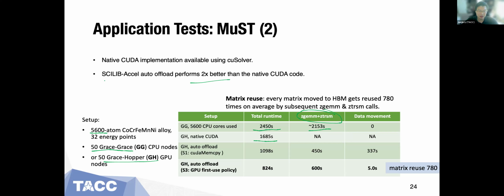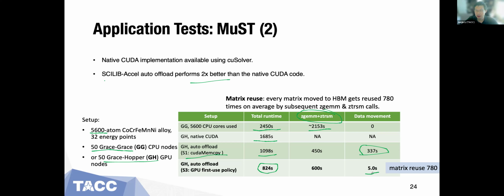When I do the automatic offload with CUDA memcpy, it turns out to be even faster. Even this strategy is faster than the native CUDA code, and we have to spend 340 seconds doing the data movement. The best strategy, the last strategy, is doing the GPU first use, and we trim the total runtime down to just 824 seconds. So that's 3x compared to the CPU run using the same number of nodes.